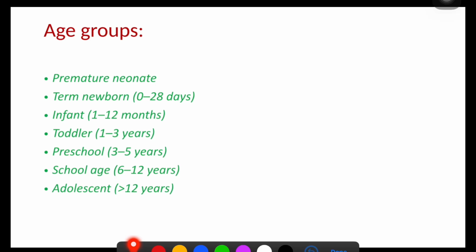Now let's see first of all the definition of age groups. Premature neonates; term newborn, which is 0 to 28 days old; infant, 1 to 12 months; toddler, 1 to 3 years; preschool, 3 to 5 years; school age, 6 to 12 years; adolescent is more than 12 years.